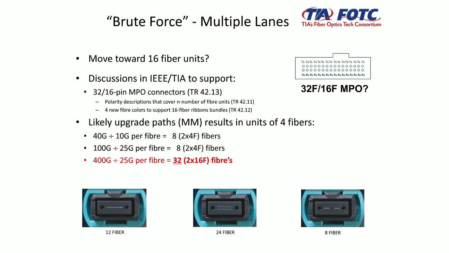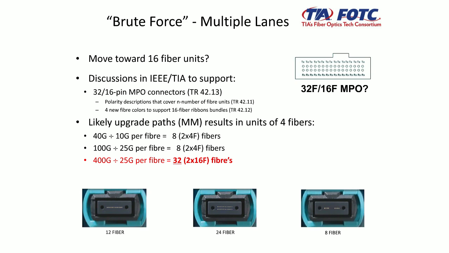Brute force, multiple lanes. There was some movement to go to 32 fiber connectors and sophisticated keying and so forth. But I think there are more compelling tools in the toolbox to get there. This is not good for customers, these multi-fiber connectors. They're problematic in active data centers where I have to do changes with these at the panel.